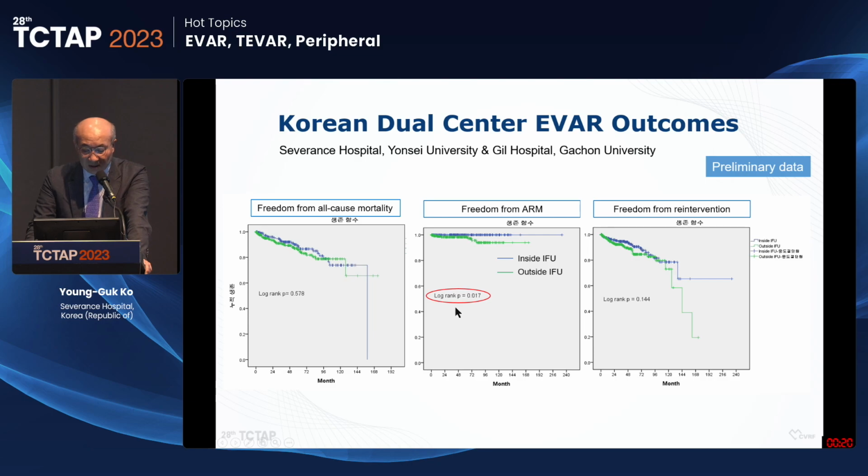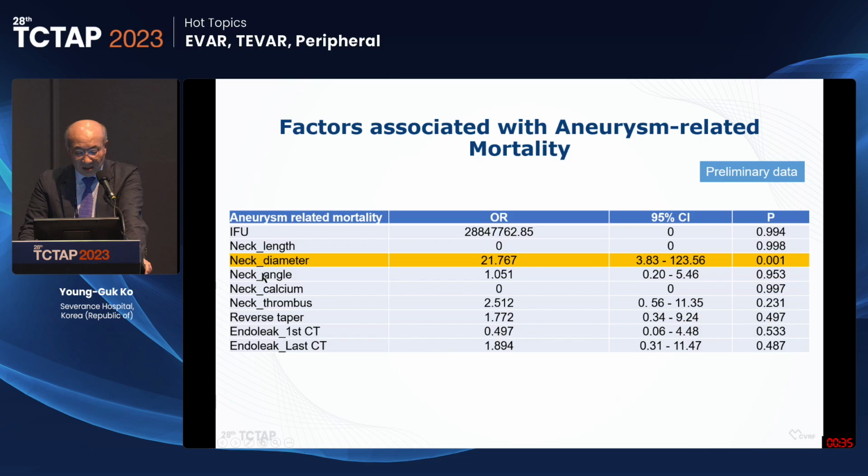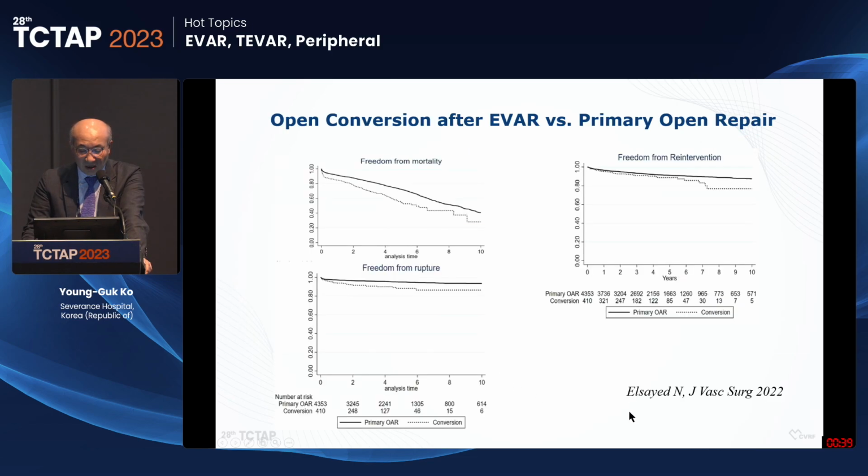And we found that adherence to IFU showed higher freedom from aneurysm-related mortality. However, the overall mortality and the reintervention rate showed no significant difference between the 2 groups. And the neck diameter was the predictor for the aneurysm-related mortality. And this study shows the open conversion after EVAR shows poorer outcome than primary open repair.